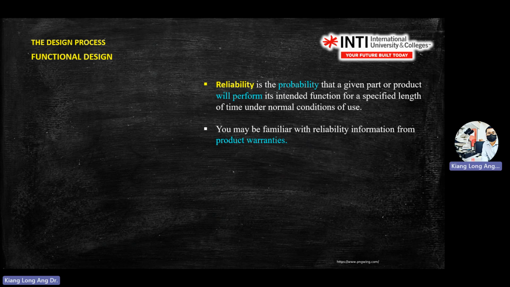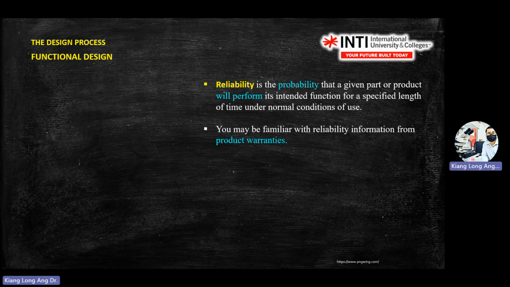So that is reliability. It is the probability that the product will perform its intended function for a specific length of time. So here you have time, you have function, and under normal conditions of use. Reliability is always linked to the product warranties.